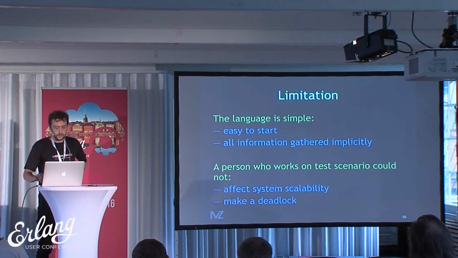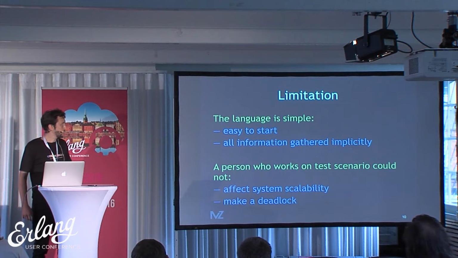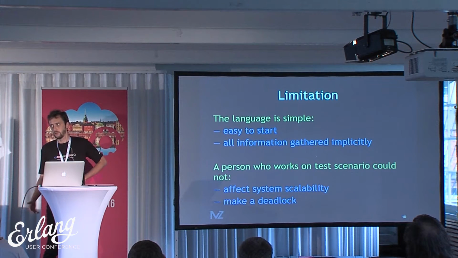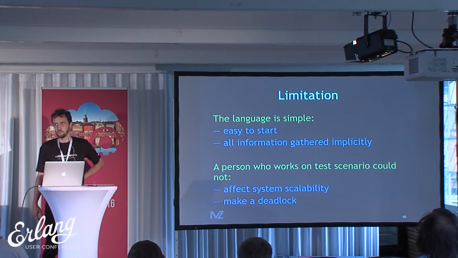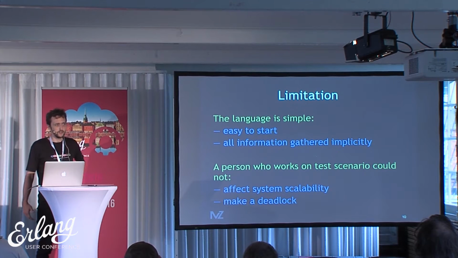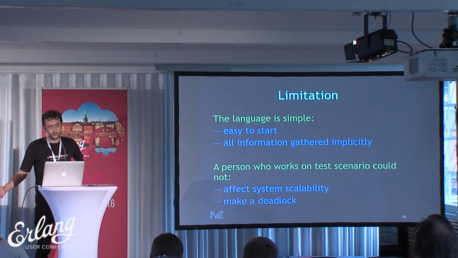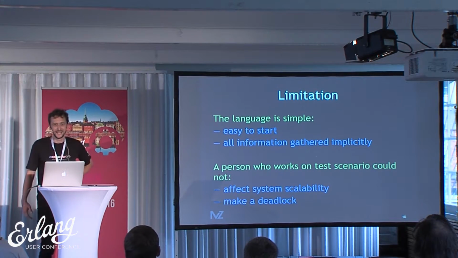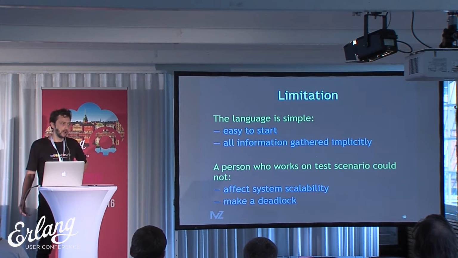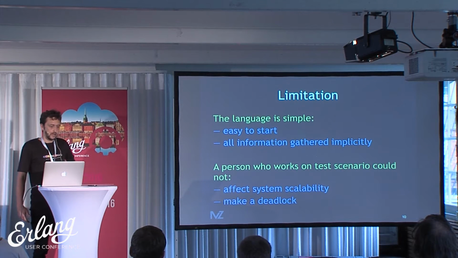So we think that our language is limited, but limited in a good way. If you have only 10 different operations that you could do, it's probably easier to master. Of course, you could mention Brainfuck. It's not easy to master because of its small set of operations, but it's not this case.